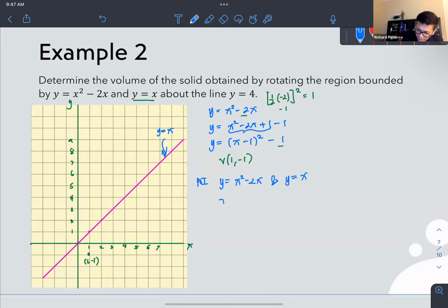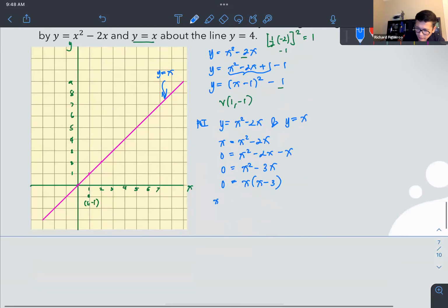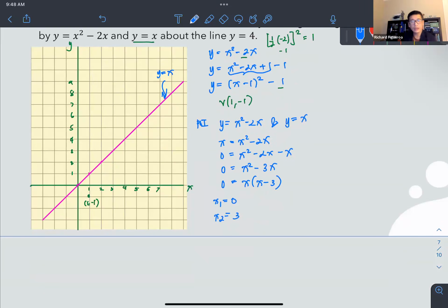So y is equals to x, therefore x is equals to x squared minus 2x. I transpose x, so from positive x, it will become negative x. So 0 then is x squared, negative 2x minus x is negative 3x. So we factor out x. The remaining would be x minus 3. So we get that x sub 1 will be 0, then x sub 2 will be positive 3.